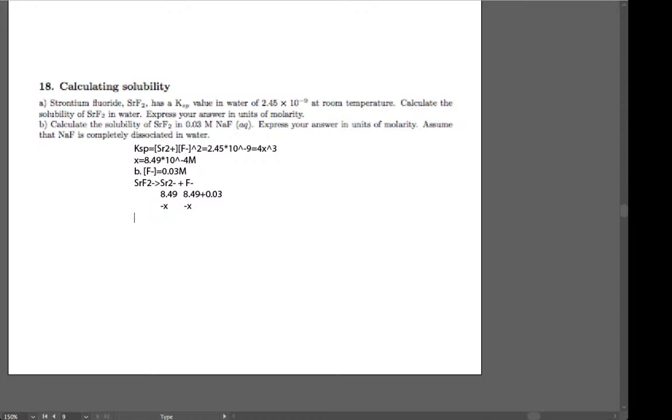Can I? No, I can. So all we need to do is to find the X, which unfortunately I don't have the calculator to do.